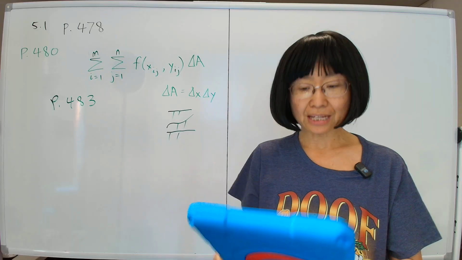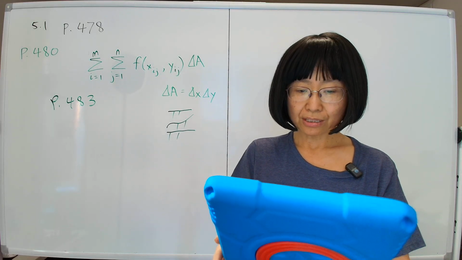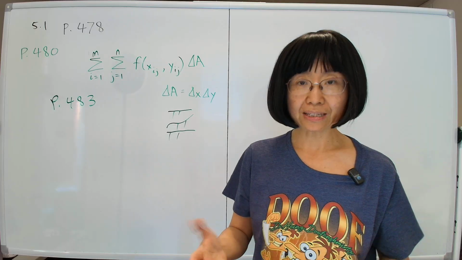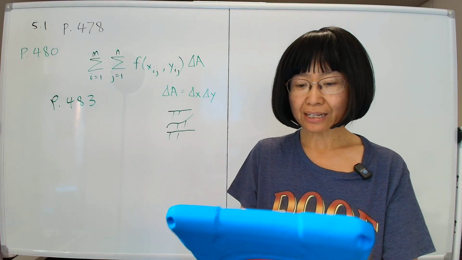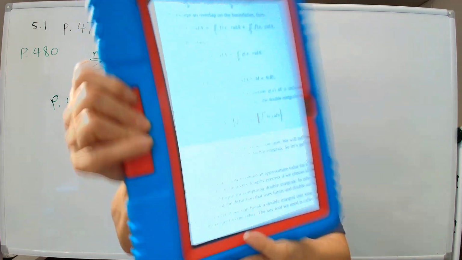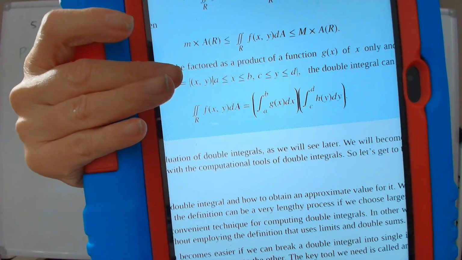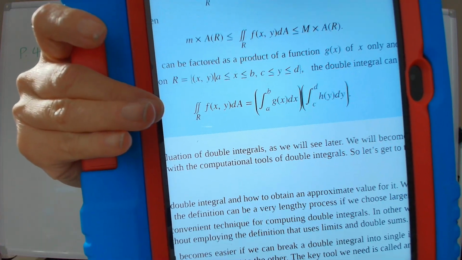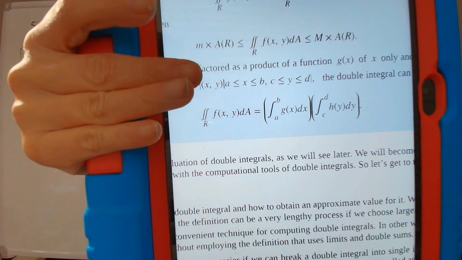Anyway, that is the theorem that you're going to use for various problems that are easily breakable. Notice that the x function will be integrated with dx in the range of x, and the y function will be integrated with respect to y in the range of y.